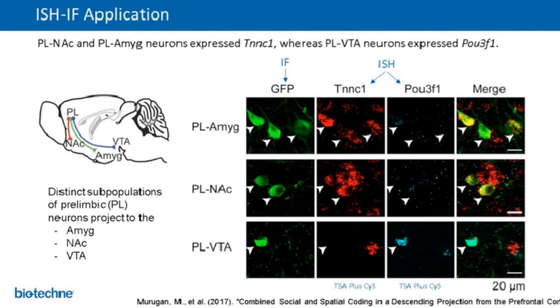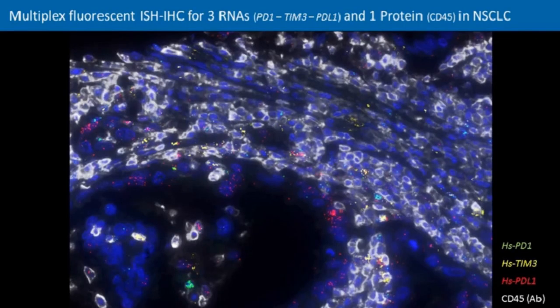By visualizing GFP and RNAs together, we can see that these anatomically distinct neuronal populations actually are different at molecular level, as the expression pattern of 2 mRNAs, TNNC1 and POU3F1, are different in the 3 regions.